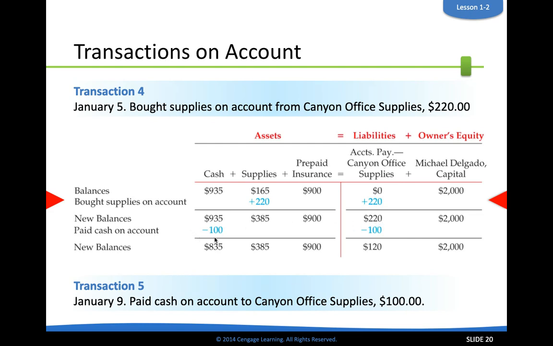So negative $100 on cash, negative $100 on the accounts payable. Again, if we tally all of our asset accounts and all of our liability and owner's equity accounts, we are going to get 2,120 as a bottom line number here, and 2,120 as a bottom line number here.